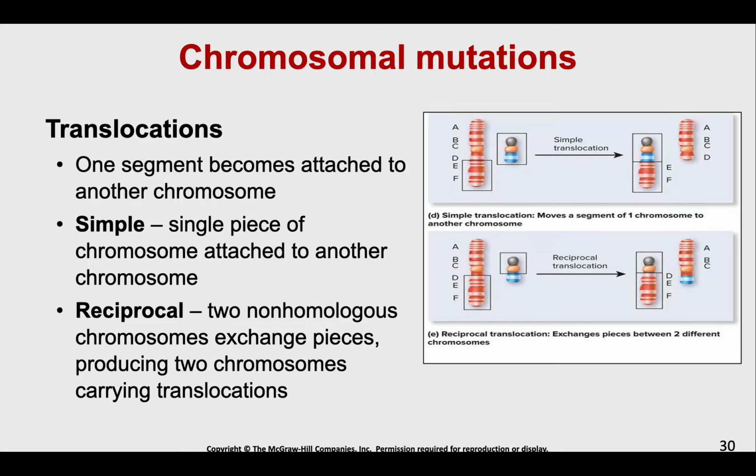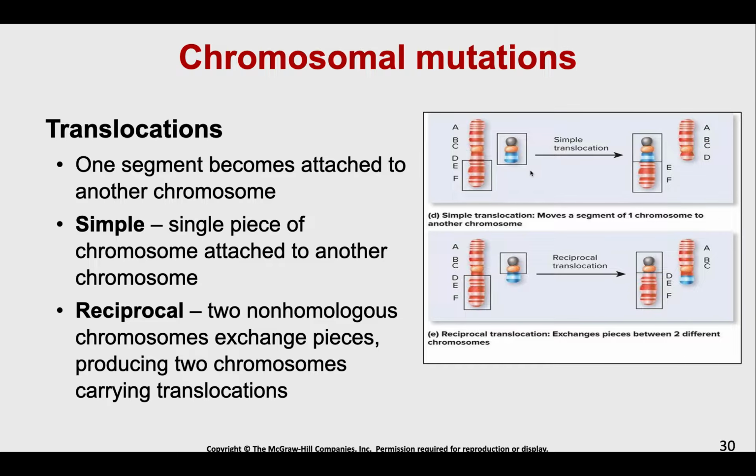And then we have translocations, where one segment becomes attached to another chromosome. It can be a simple translocation where a single piece of a chromosome is attached to another. These are not mutations within a homologous pair. These are totally different chromosomes coding for different types of genetic material.